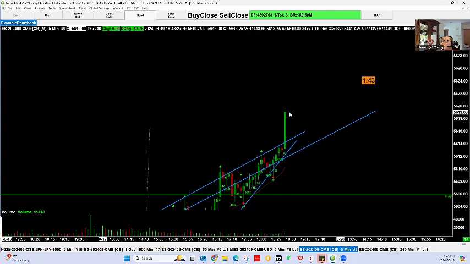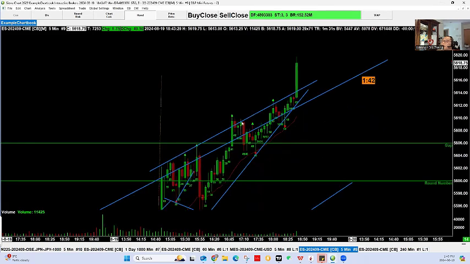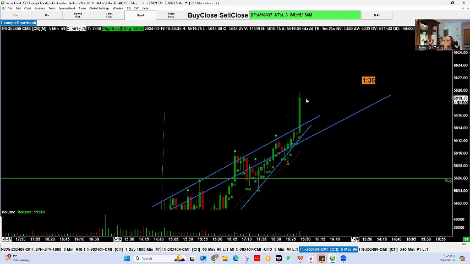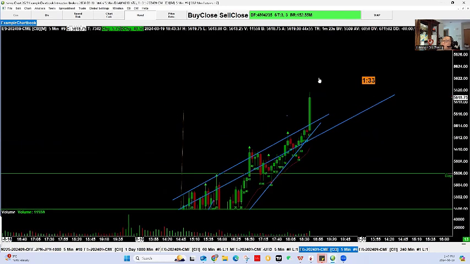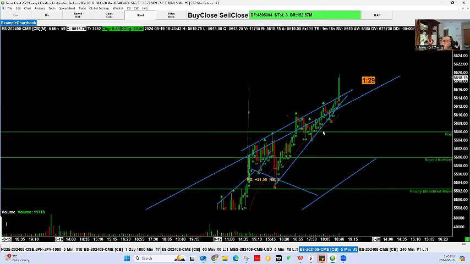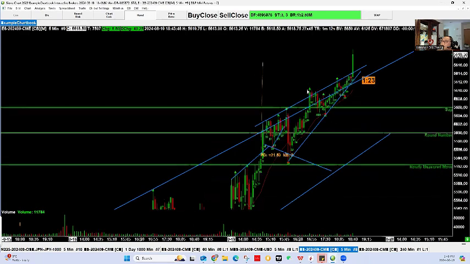A large breakout bar after the wedge. It can be an exhaustion bar after this wedge, and then go back down and range sideways.